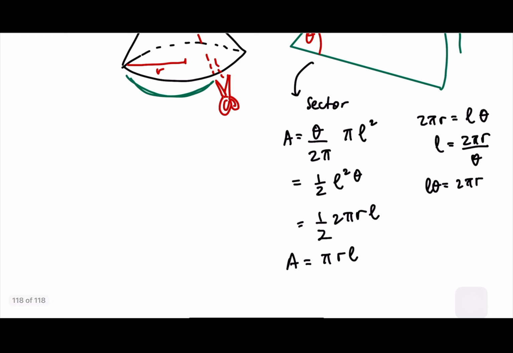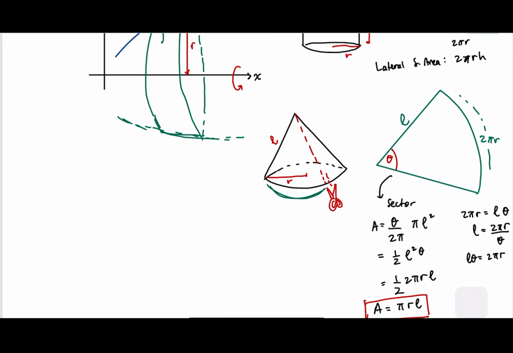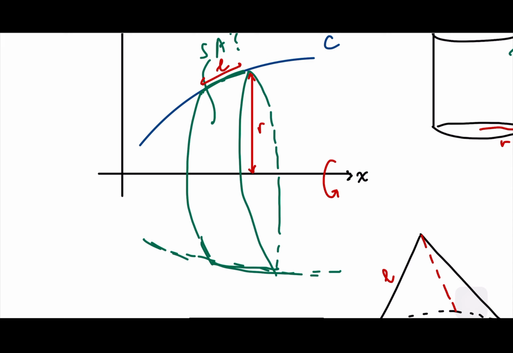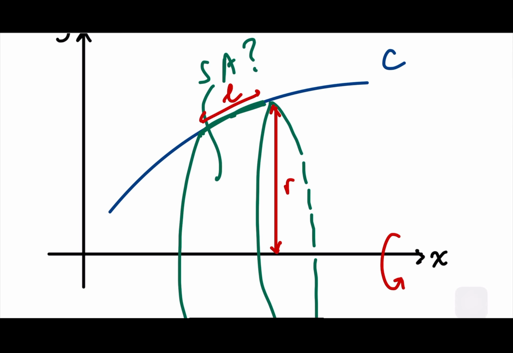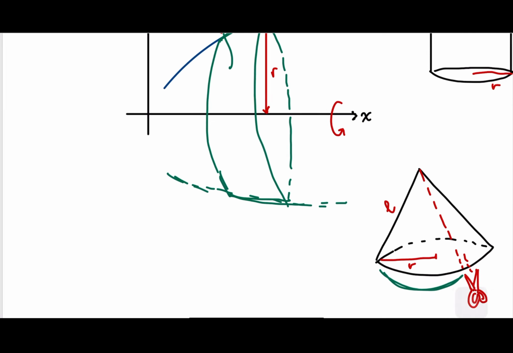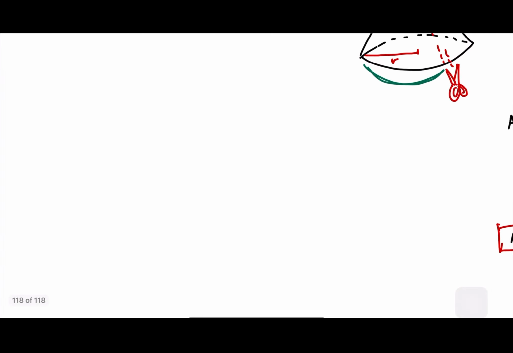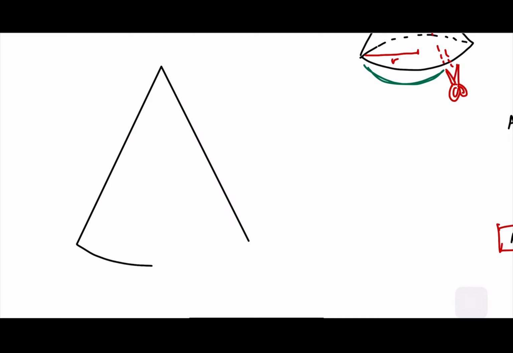Now we are going to use this area, or this method, to look at what we have here, because certainly we have a circular shape, and we have some L here. If we imagine these shapes becoming a cone, let's draw the cone.